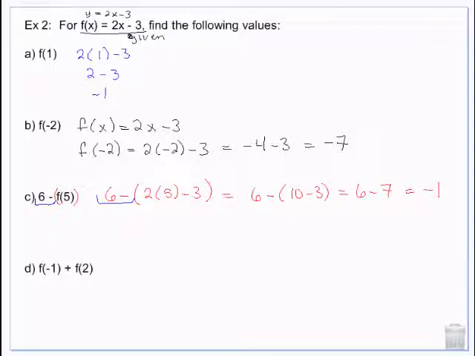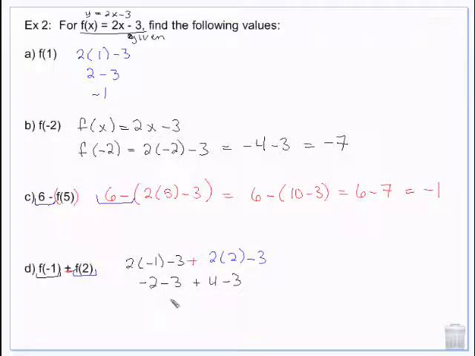Okay, so I'll say this one is black and this one's blue, just to help. Okay, f of negative 1. This plus was already there. And then f of 2. Okay, so then 2 times negative 1 is negative 2 minus 3 plus 2 times 2 is 4 minus 3.